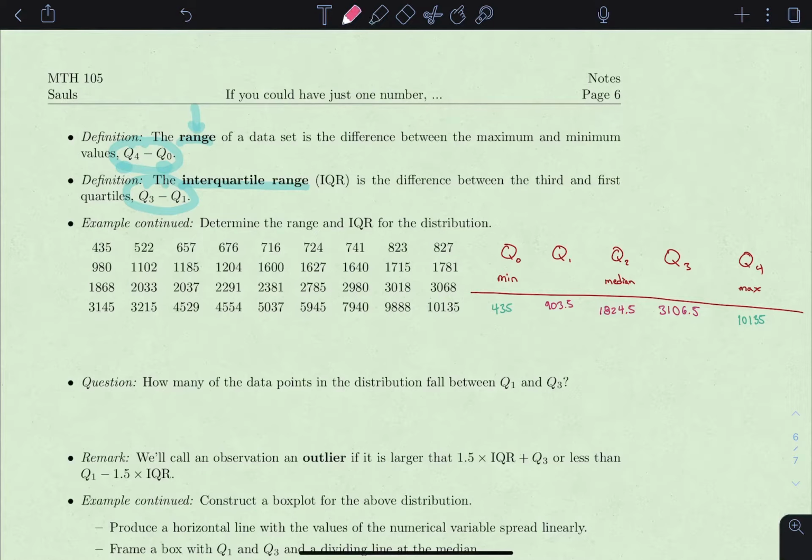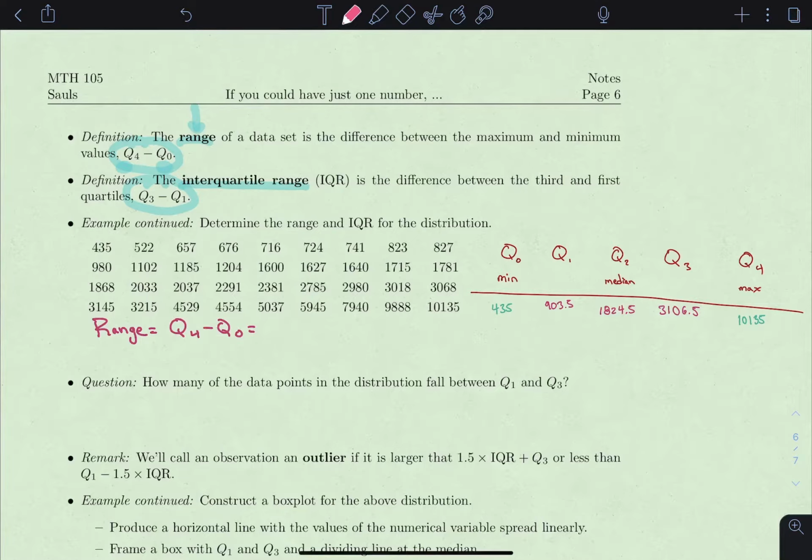Let's do that in the context of our example where the numbers are representing the areas of counties in Oregon. So the range is going to be Q4 minus Q0.